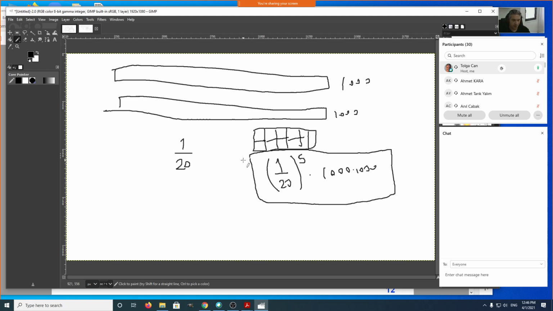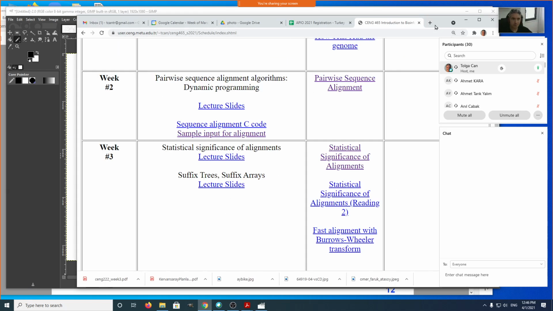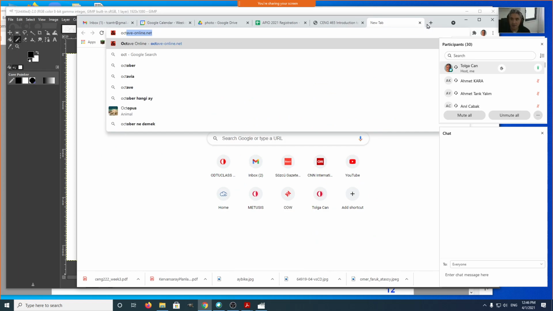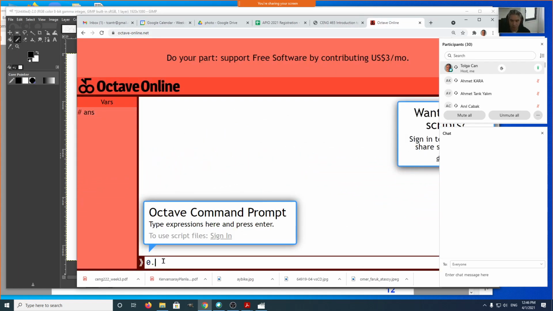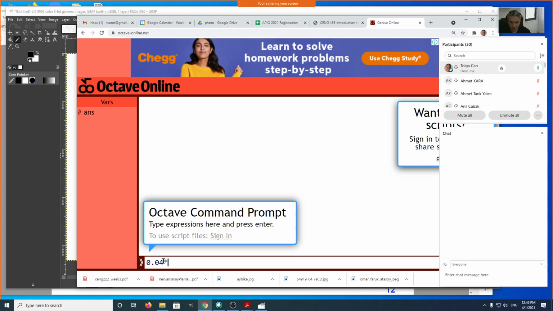Actually, we can directly run it on MATLAB, or let's do that on Octave Online. So 0.04, I think there's a power function, 0.04 to the power 5. Is it going to work? Let's see.